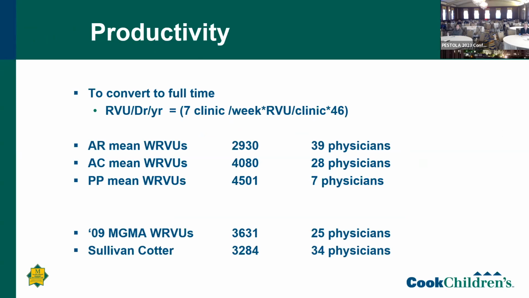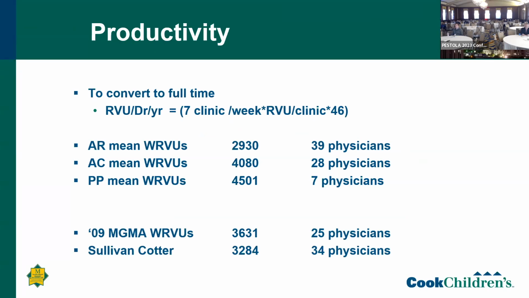So from our study, we were able to see that the academic researchers, when you convert it to full-time, and this is very important, because our definition of full-time is 7 clinics per week, times 46 weeks, when you convert it into full-time, and of course there are no academic researchers who do 7 clinics a week. So just bear that in mind when you look at this data.